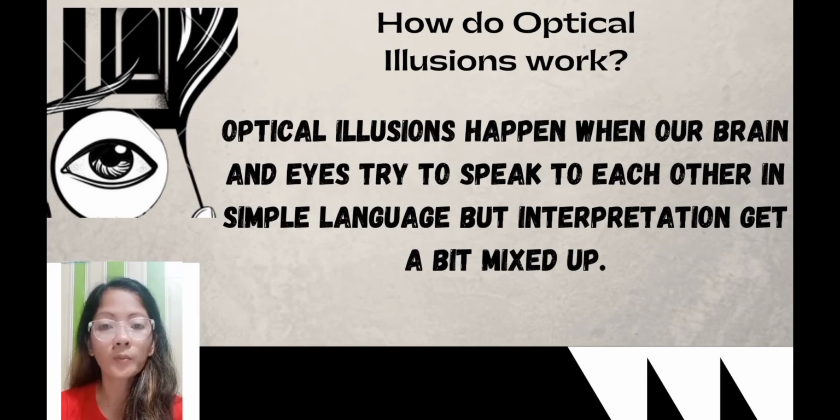So how do optical illusions work? Optical illusions happen when our brain and eyes try to speak to each other in simple language, but interpretation gets a bit mixed up. So for example, the brain thinks our eyes told it something is moving, but that's not what the eyes meant to say to the brain. So we will show you a video on how optical illusions work.